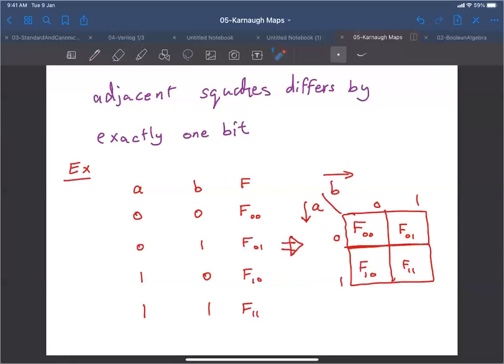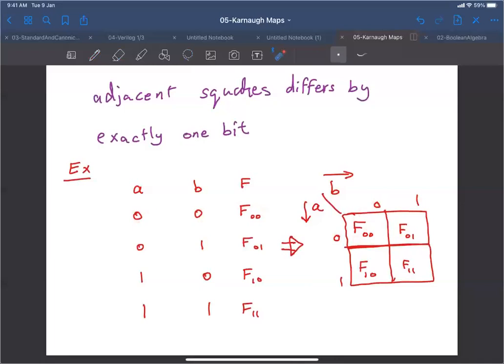And this can be achieved by partitioning the truth table variables, with A going vertically down from 0 to 1, and B going horizontally from 0 to 1, okay? So this cell here is when A is 0 and B is 0, so this is F00 here, A0 and B0.